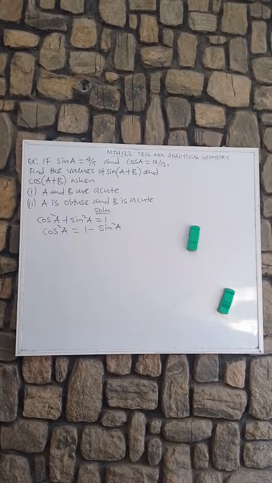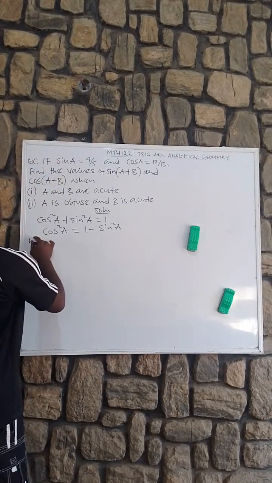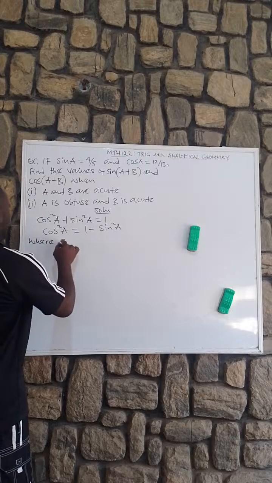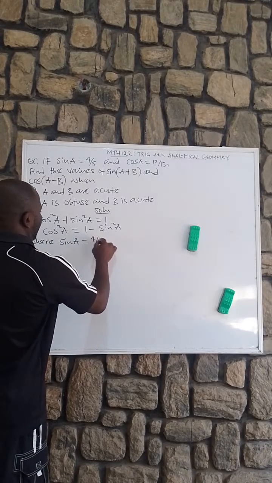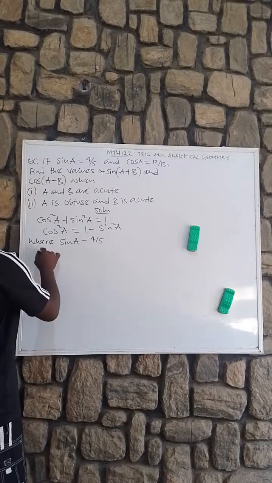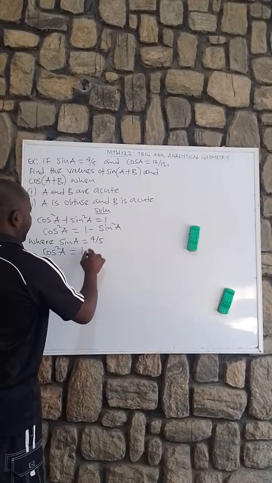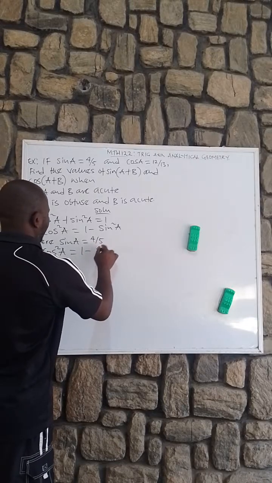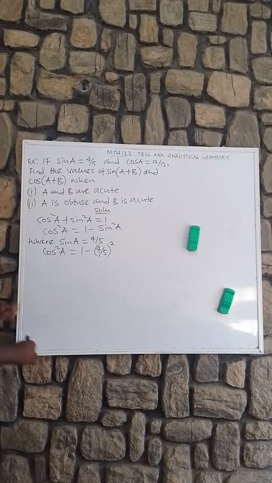So now where sine A is equal to 4 all over 5, our cos square A is equal to 1 minus 4 all over 5 all in square.